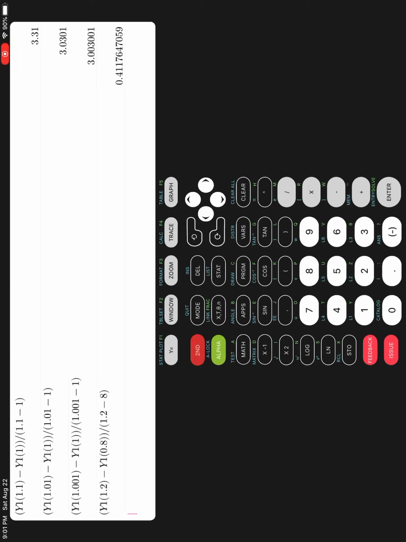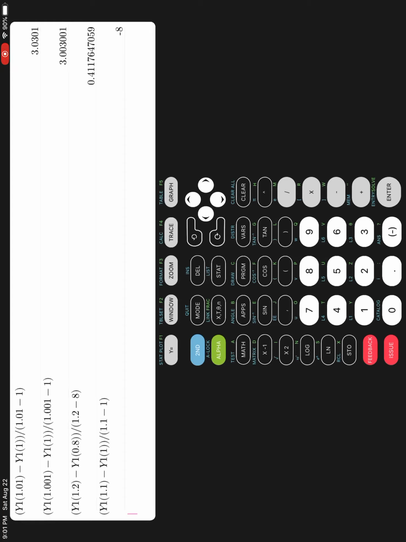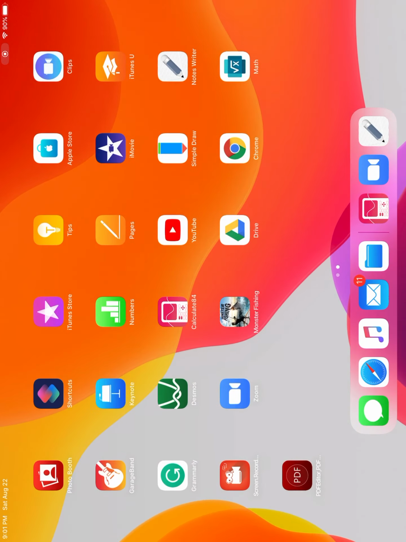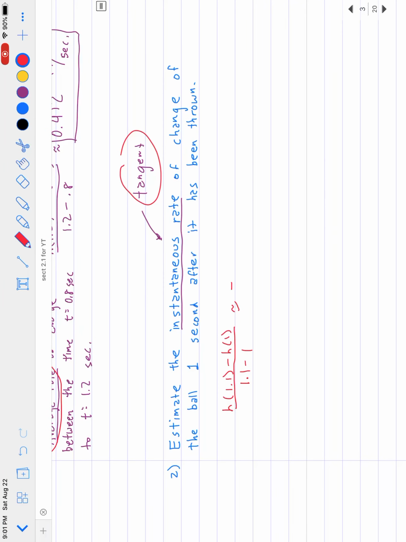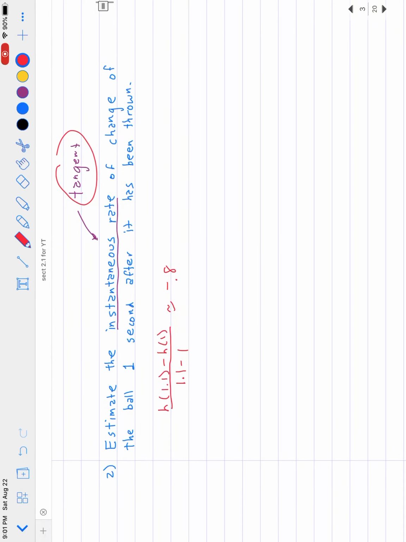Going back to the calculator, push second, enter, change this to a 1.1, this to a 1, then this to a 1, and this also to a 1.1. We get -8 in this case. That's a pretty bad estimate, but it gives us something to begin with.